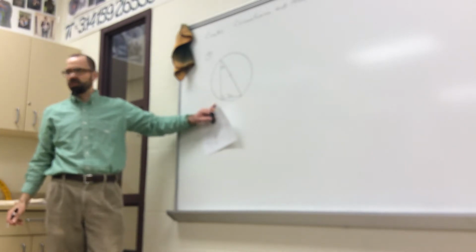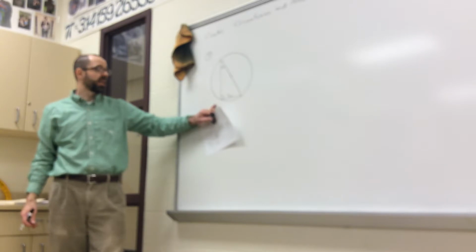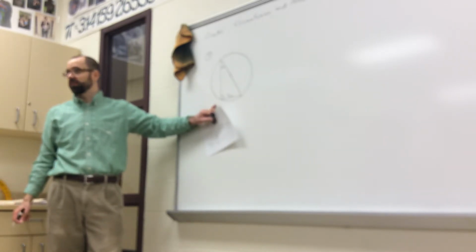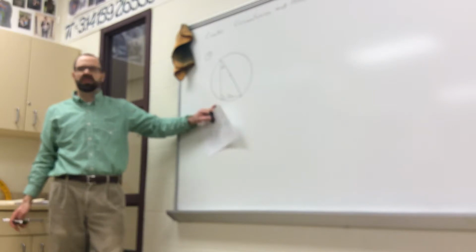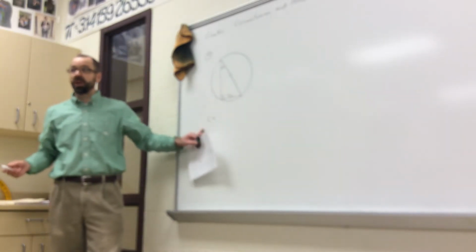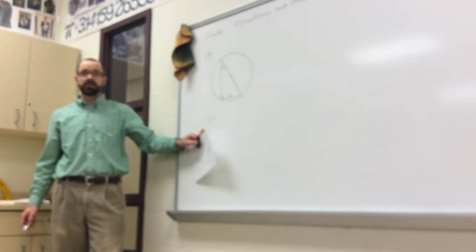Okay, so there's a circle in number 9, not surprisingly, because that's our topic, circles. And the directions are saying find the circumference and the area. So what formula do I use to figure out the circumference? Yeah? 2 times the radius.